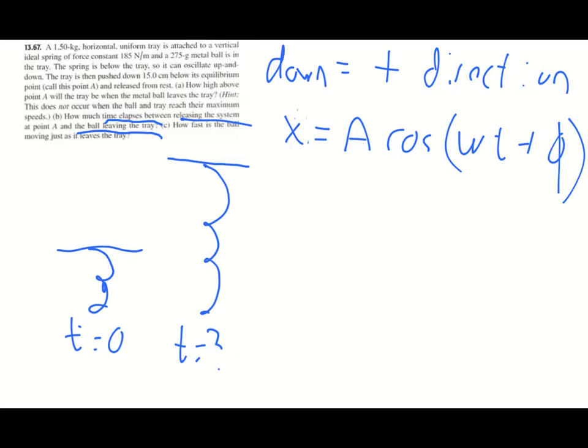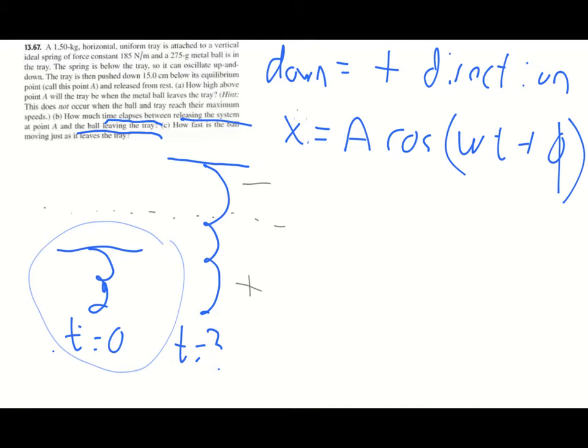The best way to do it is to call the bottom part here time equals 0, call that the positive direction, and call the part above equilibrium, we'll draw a little dotted line for that, negative. So this is going to be positive, and this is going to be negative. Okay, so we're going to have to consider that when we think about it.